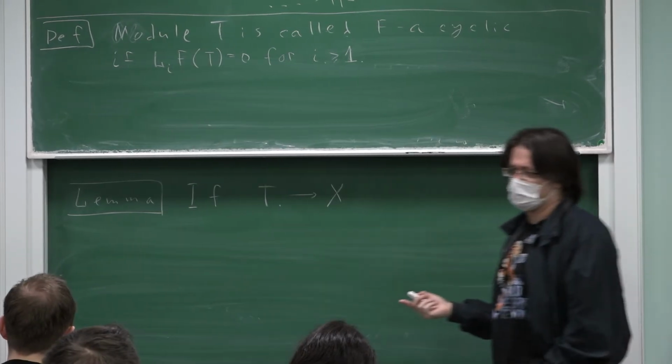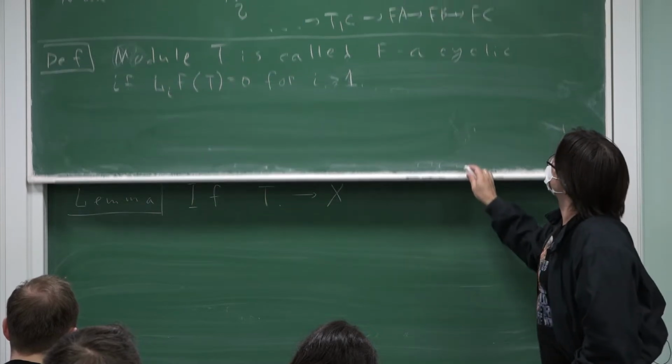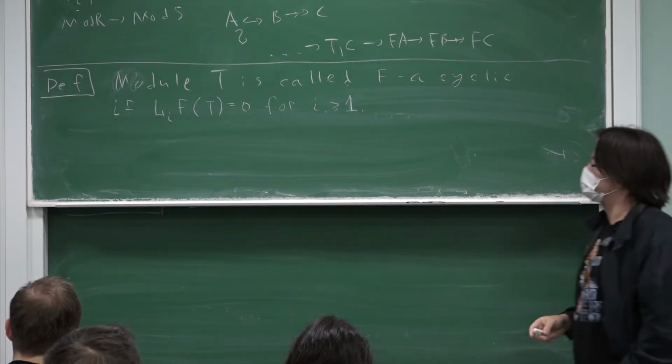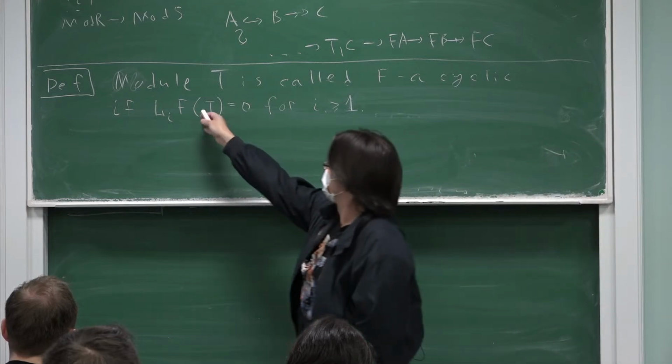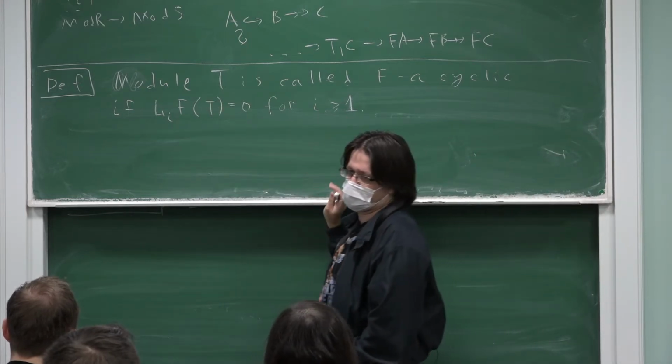So in particular, a projective resolution is an F-acyclic resolution because you always have L_i F of P is 0 for i greater than or equal to 1 and P projective.